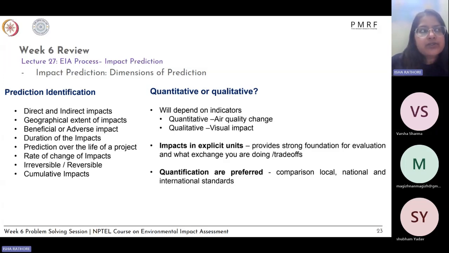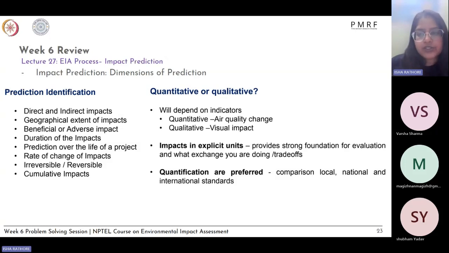And something qualitative could be a visual impact, that it does not look visually pleasing. That is a qualitative impact, which cannot be measured in terms of quantitative numbers.